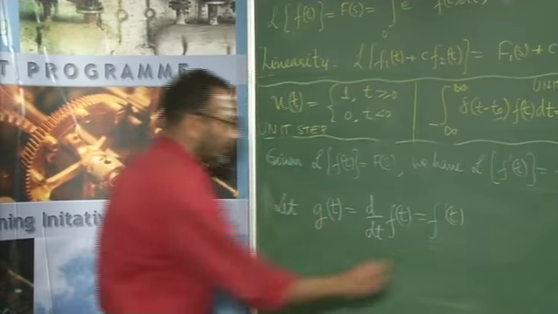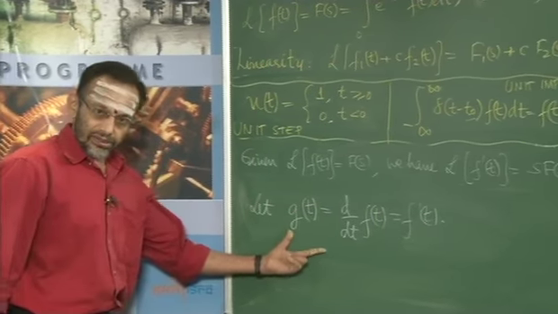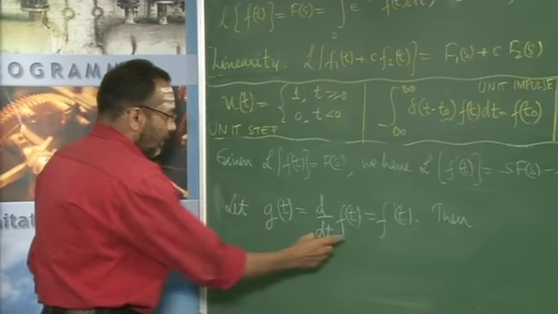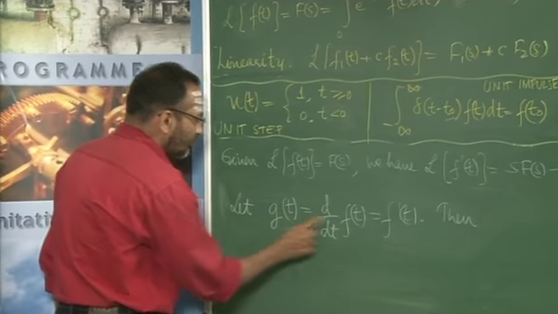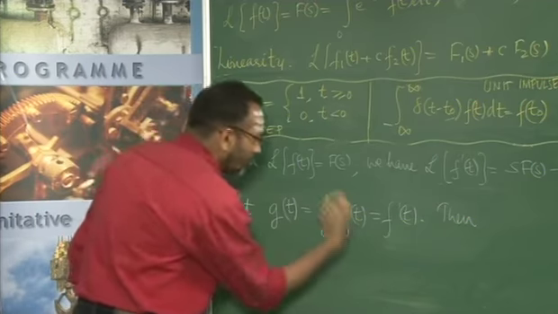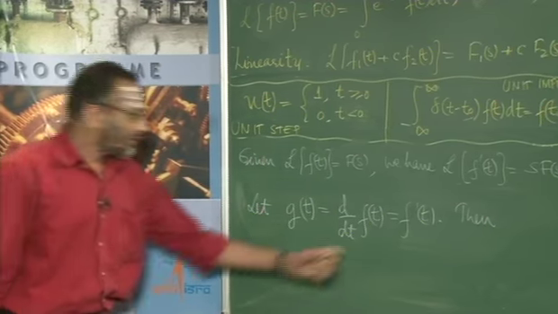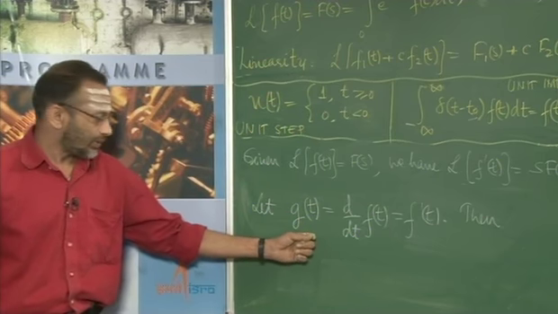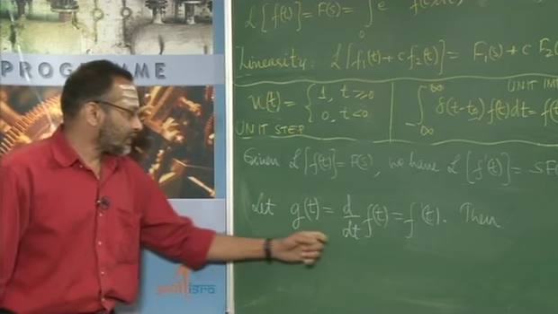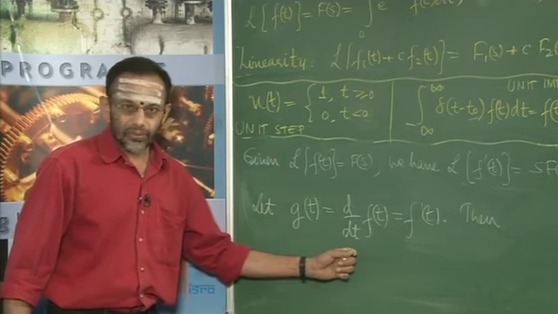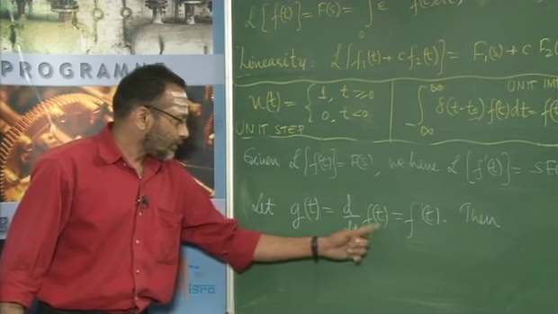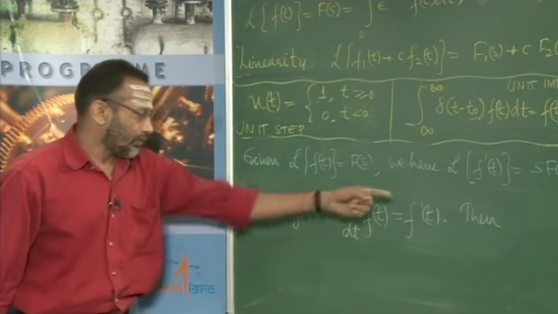If I have this, then please observe, the differential of f of t is g of t. Therefore, what is f of t itself? f of t must be the integral of g of t. I will repeat, I am defining g of t as the differential of f of t. Therefore, it says that f of t must be the integral of g of t. That is what I am going to.